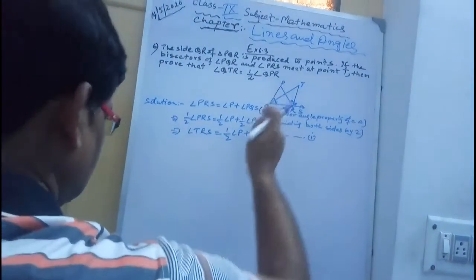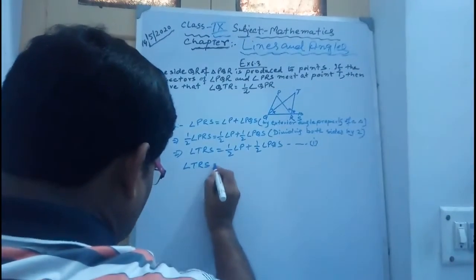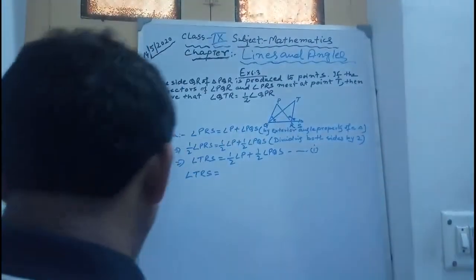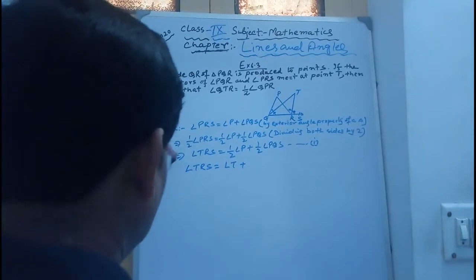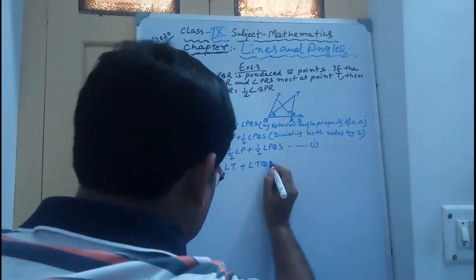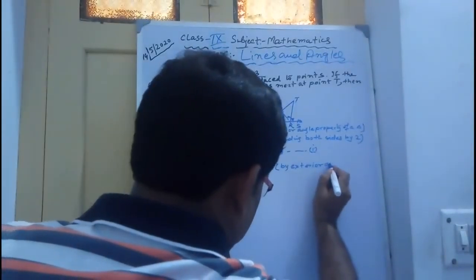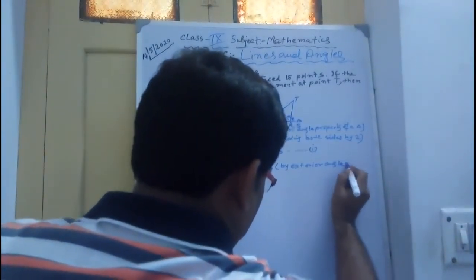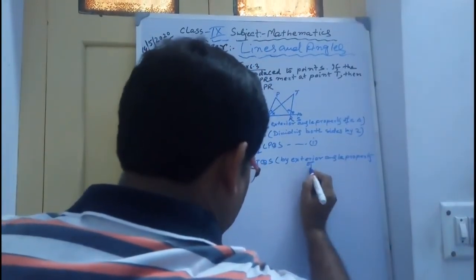Now in triangle TQR, angle TRS equals angle T plus angle TQS by the exterior angle property of a triangle.